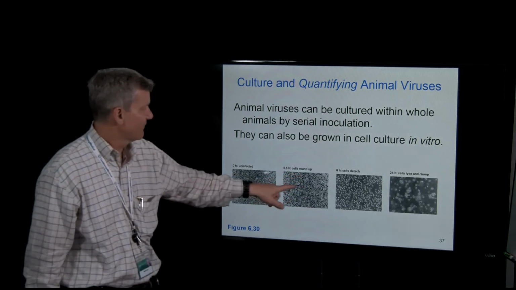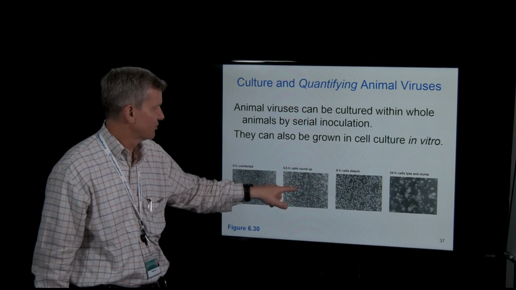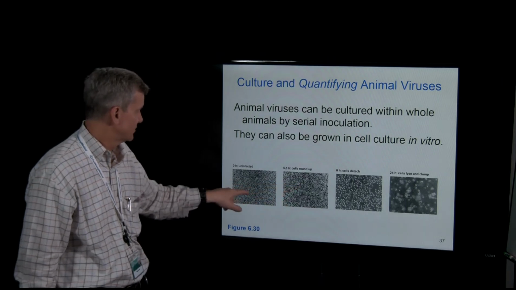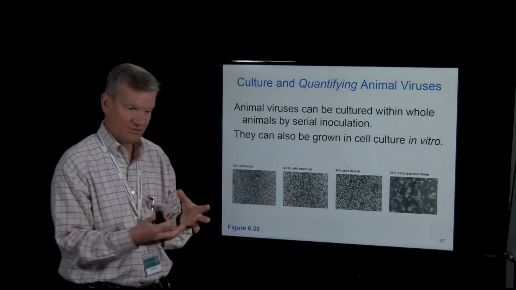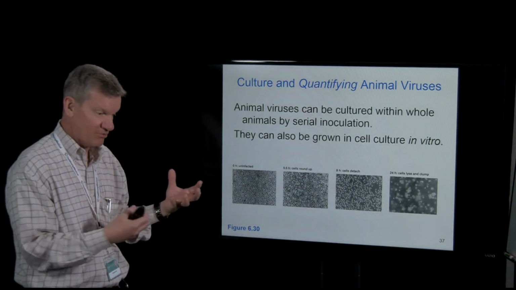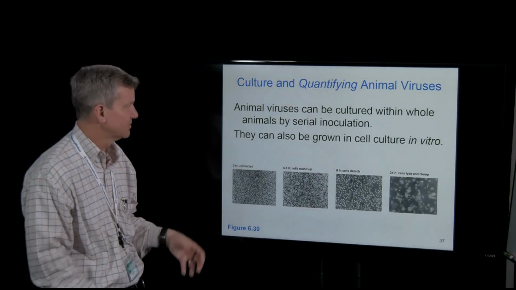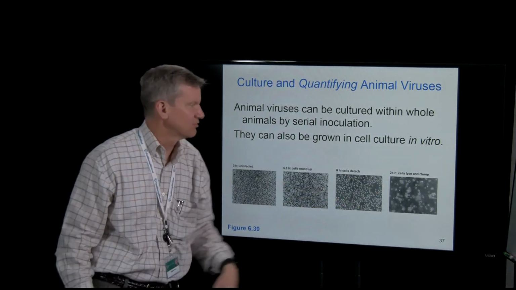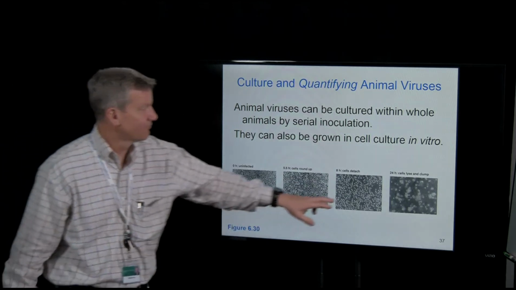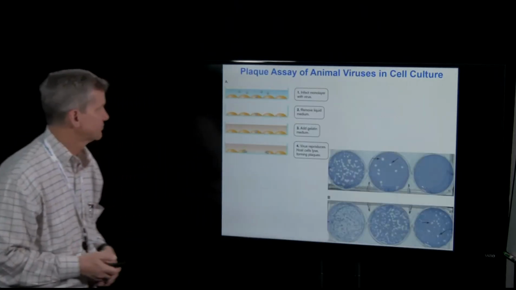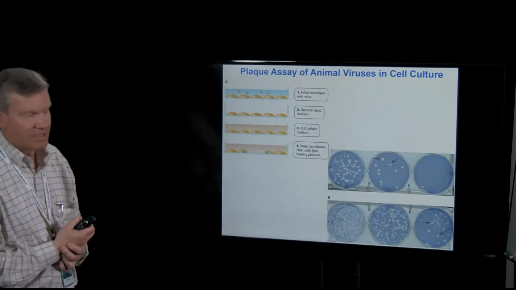At 5.5 hours, some of the infected cells are rounding up. They're not these elongated cells anymore. At 8 hours, the cells are detaching, so the virus has completely taken over the cell. Then at 24 hours, the cells are lysing, and there's a lot of free virus here.